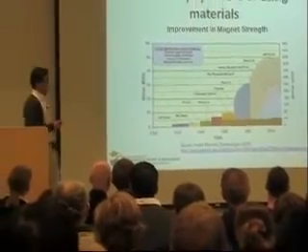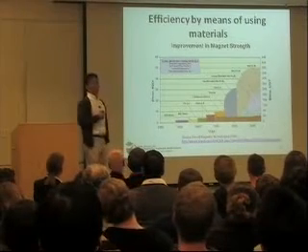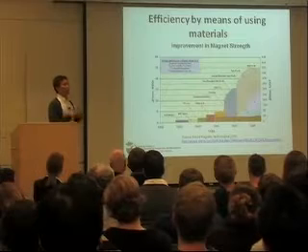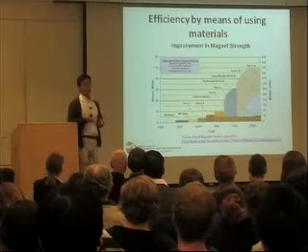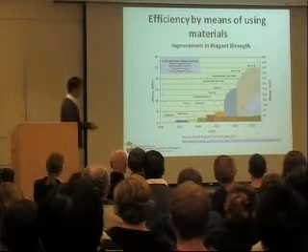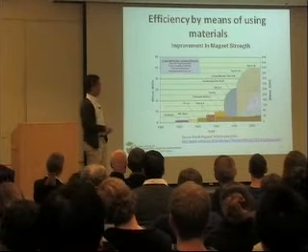And in a lot of cases, many of those high technology materials and products and low carbon energy technologies are improving efficiency by means of adding new and exotic materials. One of the examples shown here is the improved magnet strength over time.